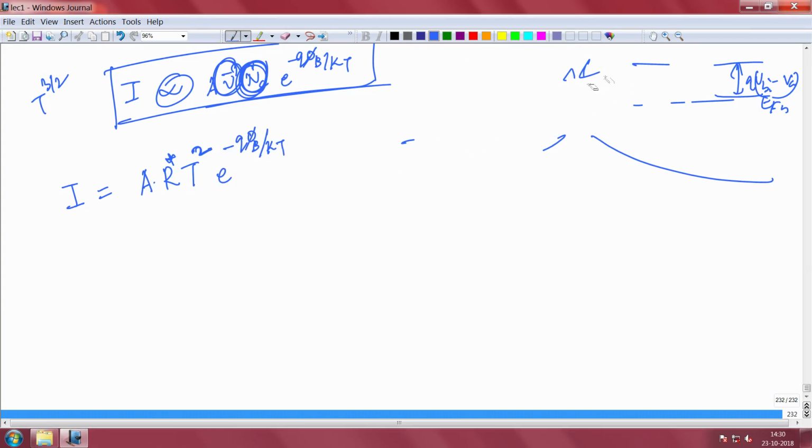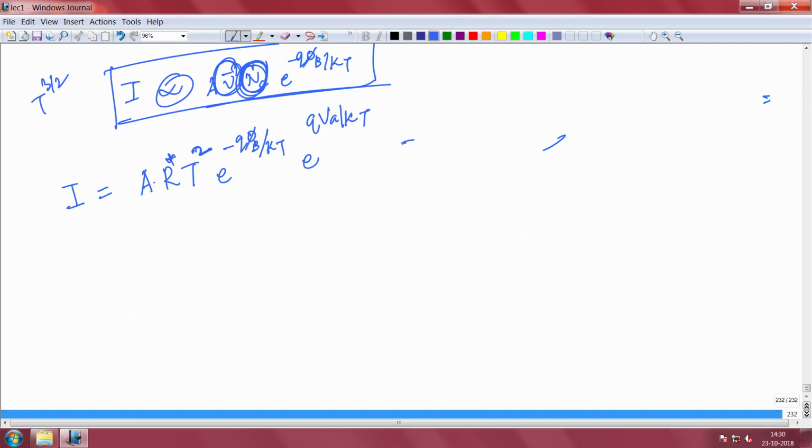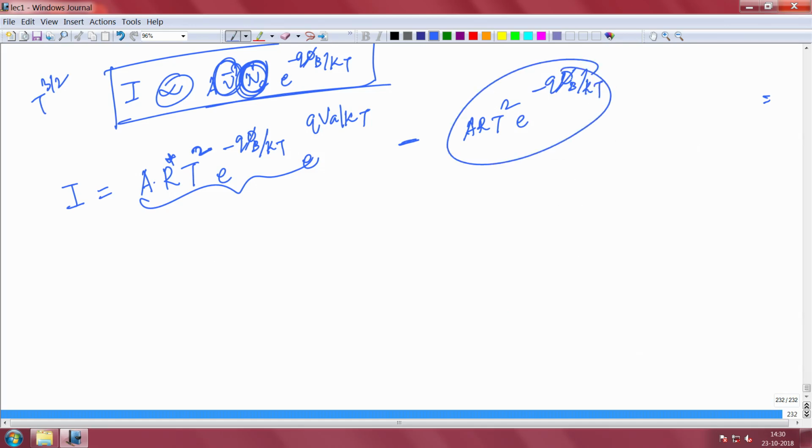In total, in forward bias you will have an extra term, that is e to the power q V_A by kT, that is your applied bias, minus this term you have to subtract, A R T square e to the power minus q phi_b by kT. As I have told you many times, this term is basically the background term that has to be subtracted, because this is equal and opposite in the semiconductor metal junction.